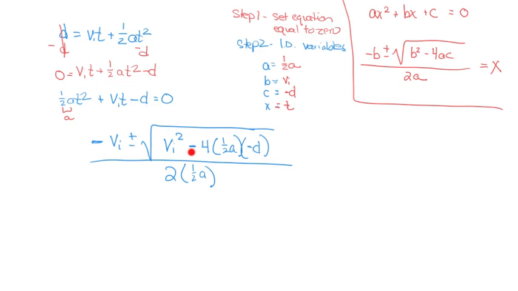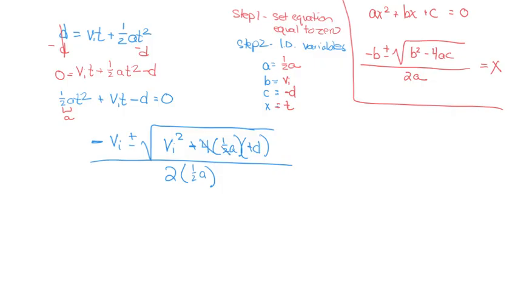This -4 will either stay a negative or become a positive depending on what follows, because this is a -4 times a positive 1/2. Negative times positive is negative, times negative d. So a negative times a positive is a negative, times a negative is going to be a positive.